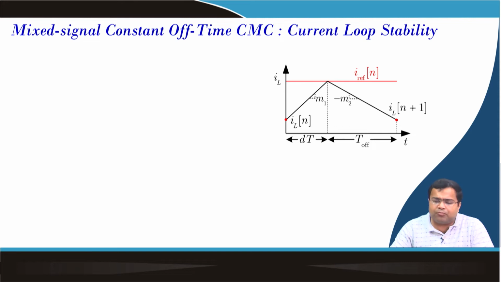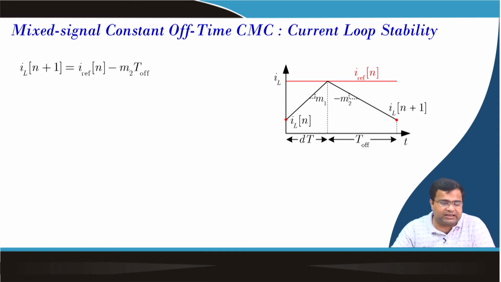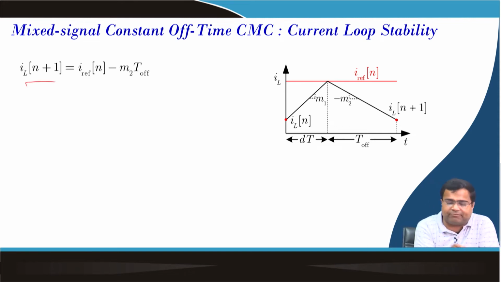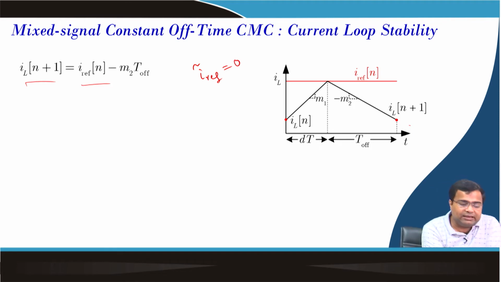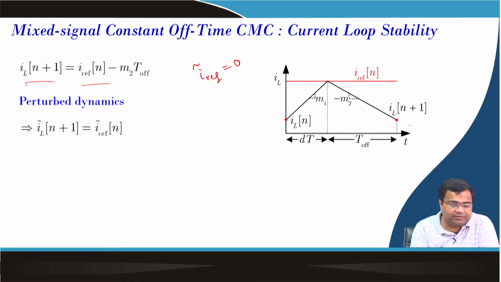We know from the current loop stability of mixed signal current mode control that the final current is expressed in terms of IRFN and M2F. If we take the IRF perturbation to be 0, then the current perturbation is the same as the IRF perturbation, which is 0.